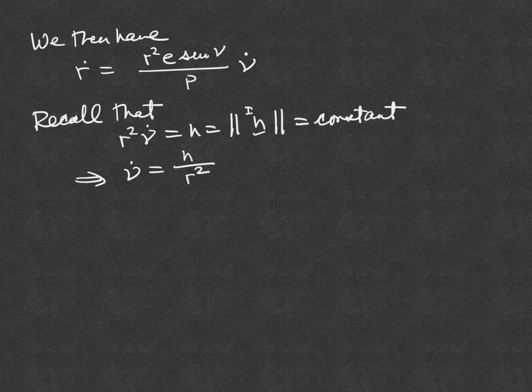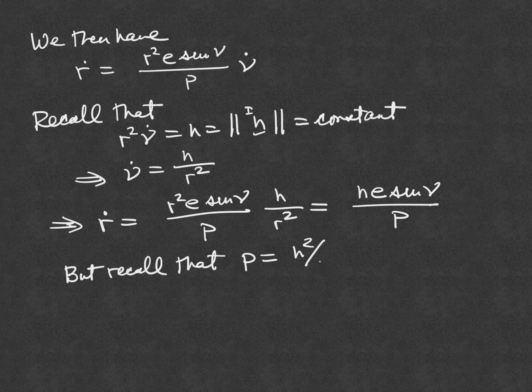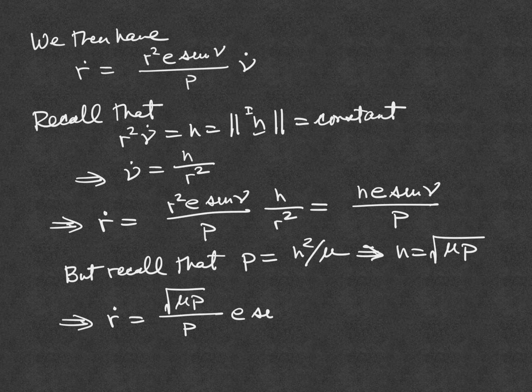And we can substitute that expression for nu dot into the expression for R dot, and we get R dot is equal to R squared E sine of nu, all divided by P times H over R squared, and the R squared cancels out, and we wind up with H E sine of nu, all divided by P. But recall that P is equal to H squared over mu, which implies that H is equal to the square root of mu times P, which implies that R dot is equal to the square root of mu times P, all divided by P times E sine of nu, which in turn is equal to the square root of mu over P times E sine of nu.